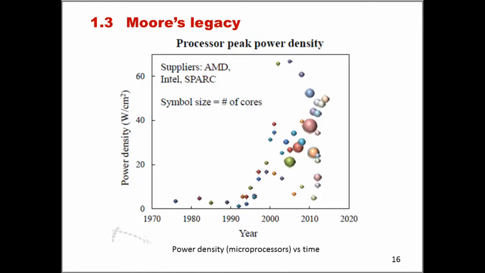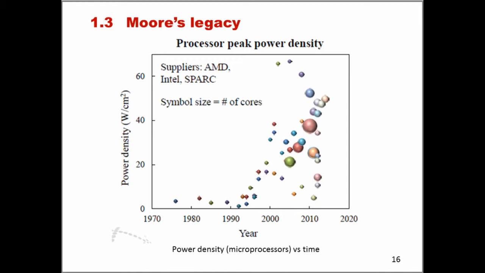Okay, by shrinking the size of the transistors and of the devices, and so cramming more and more devices into a chip, what actually happened is that the power density in the chip skyrocketed pretty quickly.